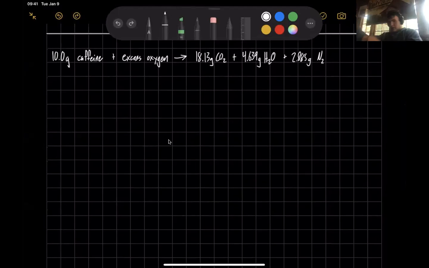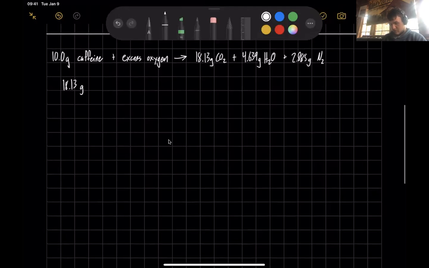The first one that I will work through, I'll just do them in order. So 18.13 grams CO2, there are 44.01 grams of CO2 in 1 mole of CO2, and 1 mole of CO2 has 1 mole of carbon.